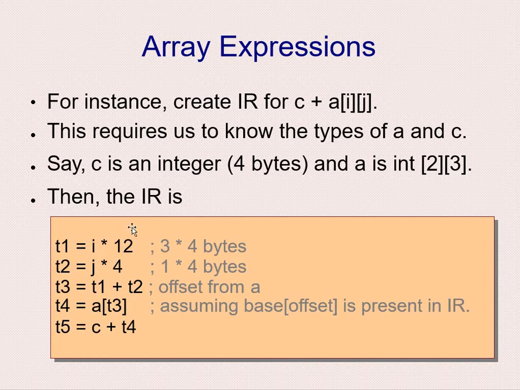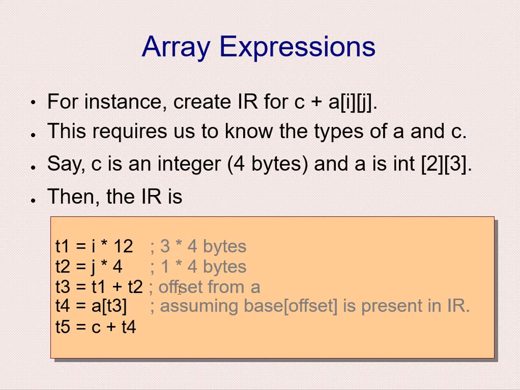Then the intermediate representation we can write as i * 12, because the integer is 4 bytes, and this is i * 3 * 4, that will be 12. For j it will be j * 4. We keep that in t2, and t1 + t2 we keep in t3.